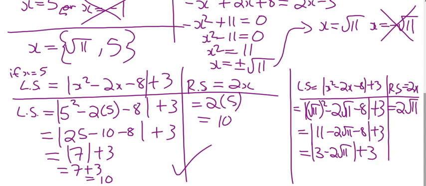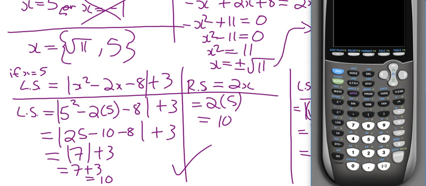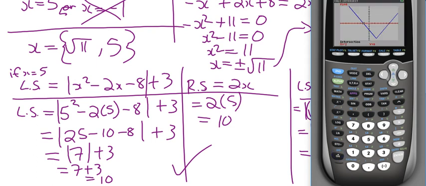Algebraically, this one is not so easy. This is where you just sort of go, and I verified this one graphically. Can we do that? Well, we can work out a value on our calculator. So what do we have? 3 minus 2 root 11. Then we're going to turn that positive.